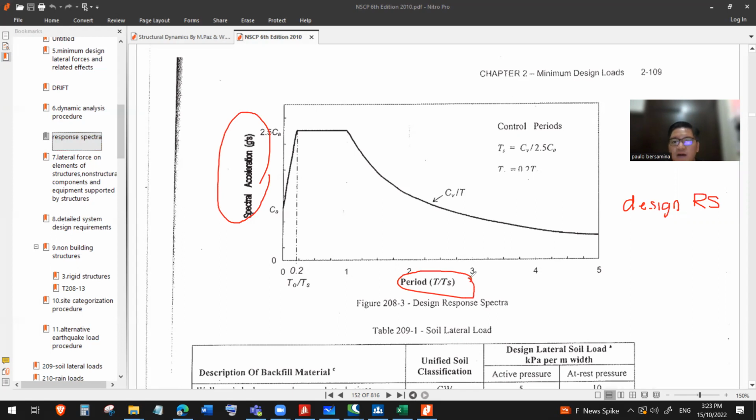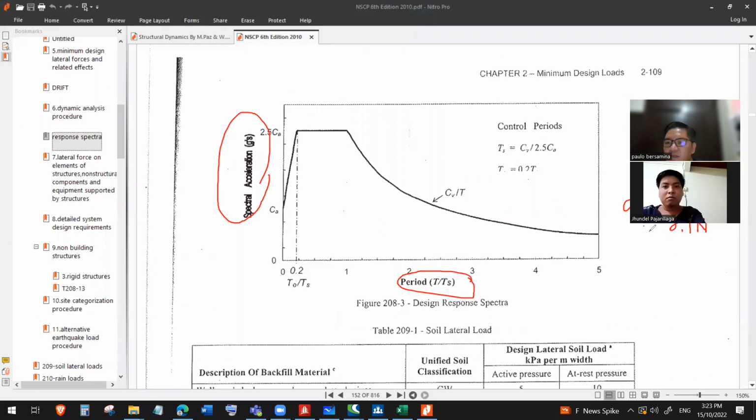So basically, if you know the period of your structure, say, let's say 5-story, and ano yung rule of thumb natin, around 0.5, from the formula 0.1 times the number of floors.